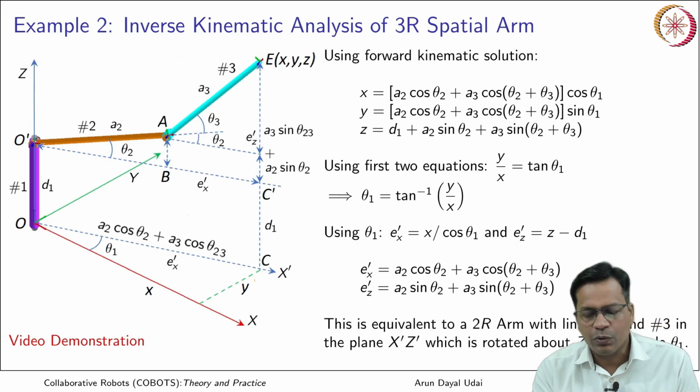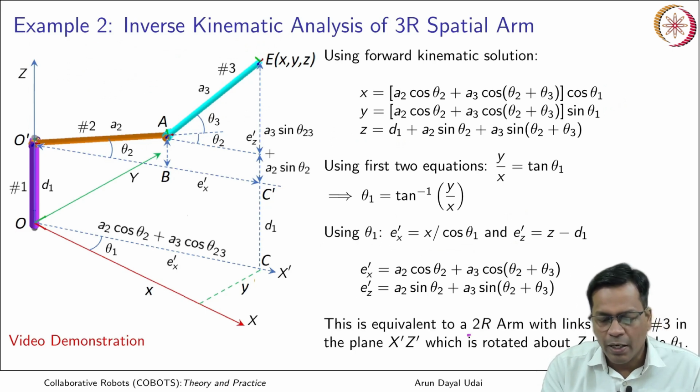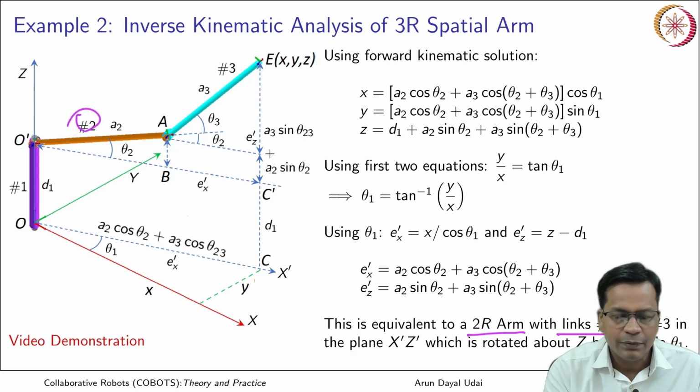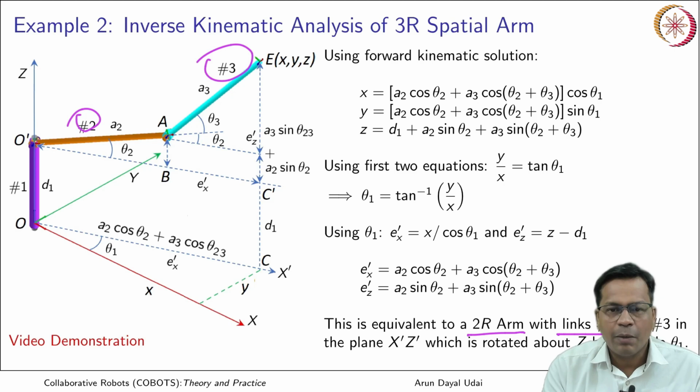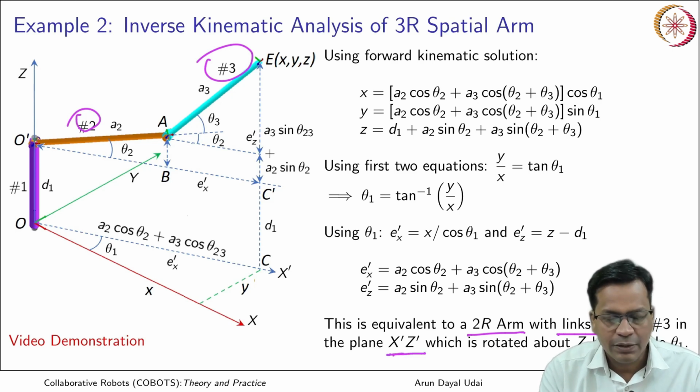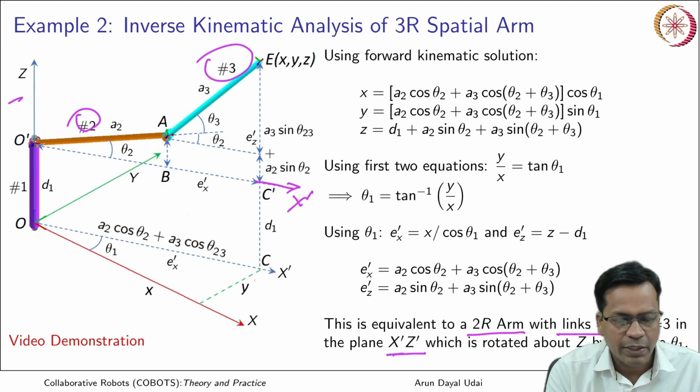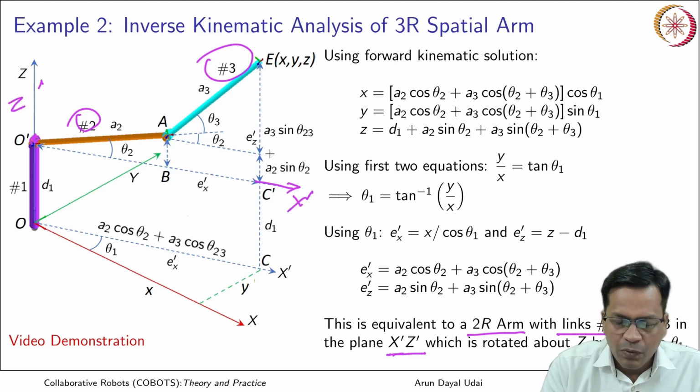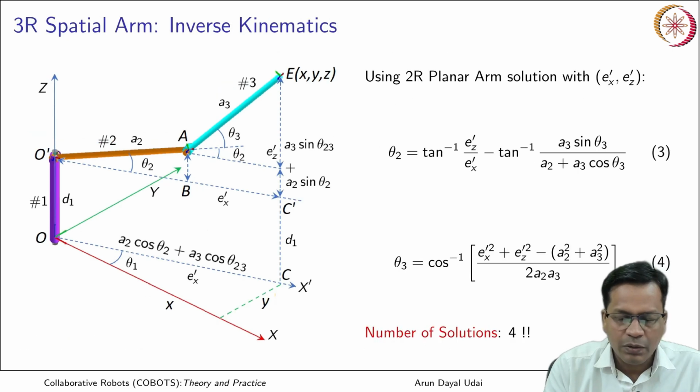So this is equivalent to now a 2R arm with links 2 and 3 in the plane x dash z dash. So where are they? This is your x dash and this is your now z dash from here. So now I'll use this and solve for this.